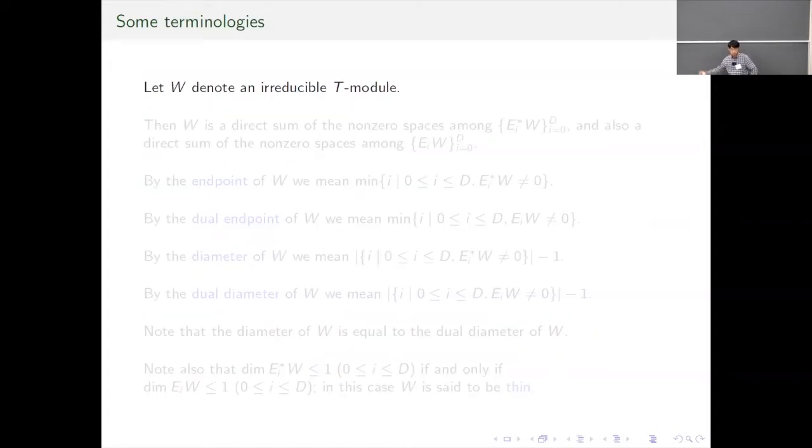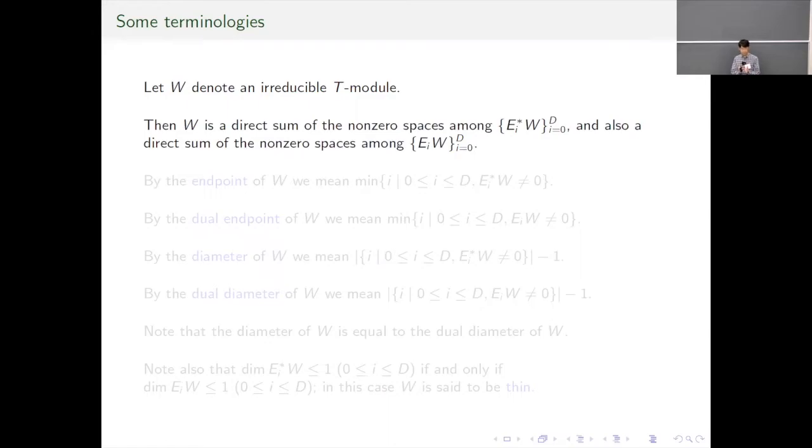I introduced some terminology concerning T-modules because it's very nice for describing the T-module structure. Let's say W is an irreducible T-module. Then this T-module is the direct sum of the non-zero spaces among the Ei star W, and also the direct sum of the non-zero spaces among the Ei W. Of course, it could happen that for some j, Ej star W could be 0.